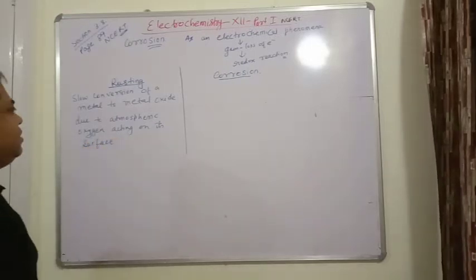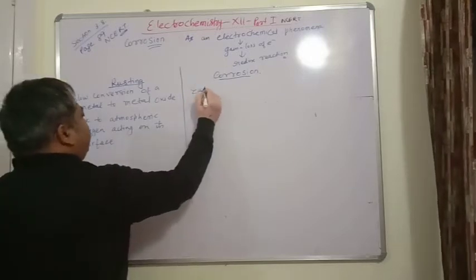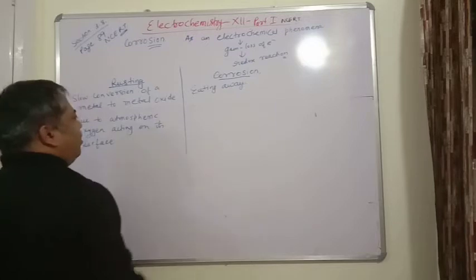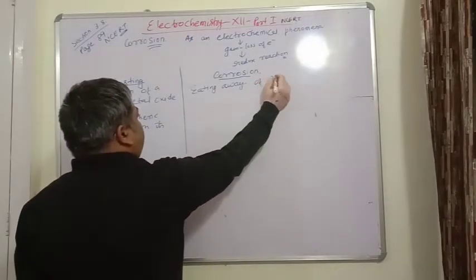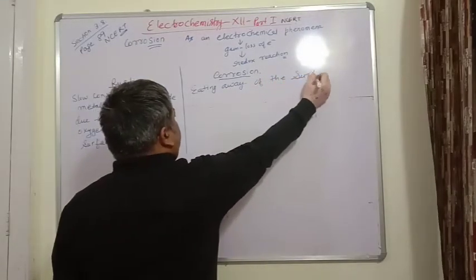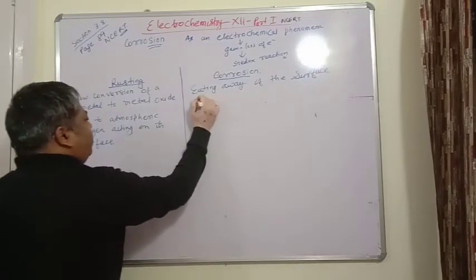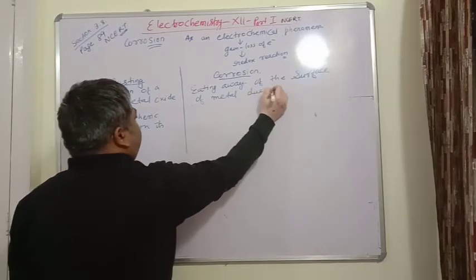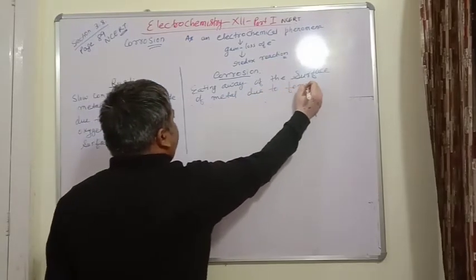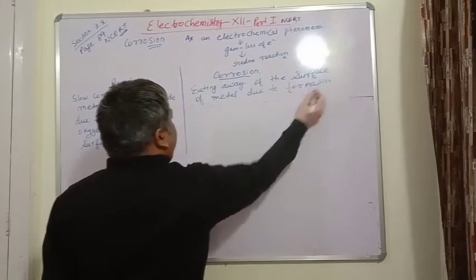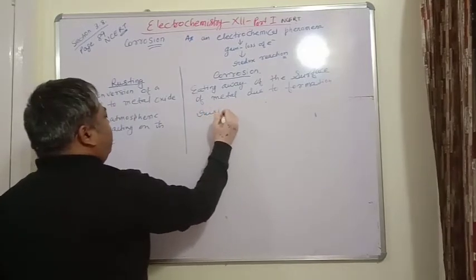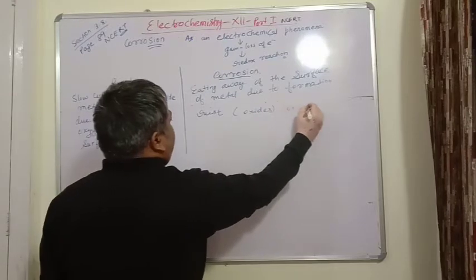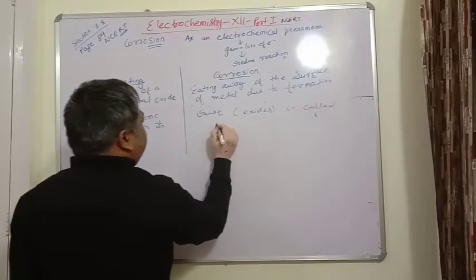And corrosion means eating away of the surface of metal due to formation of rust oxides, and this is called corrosion.